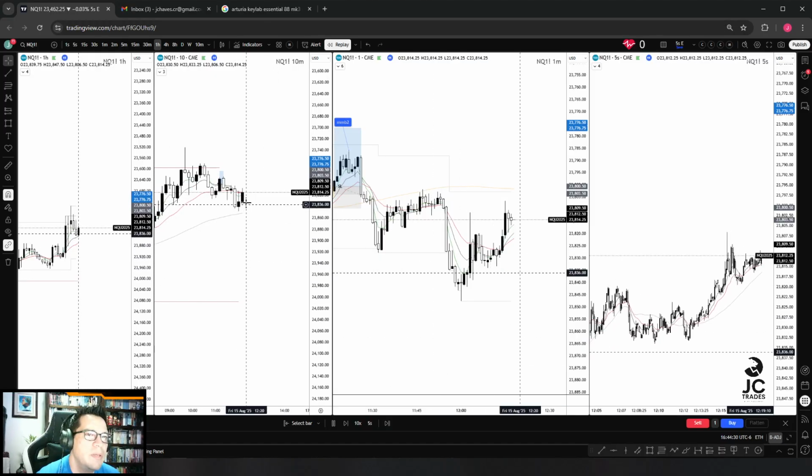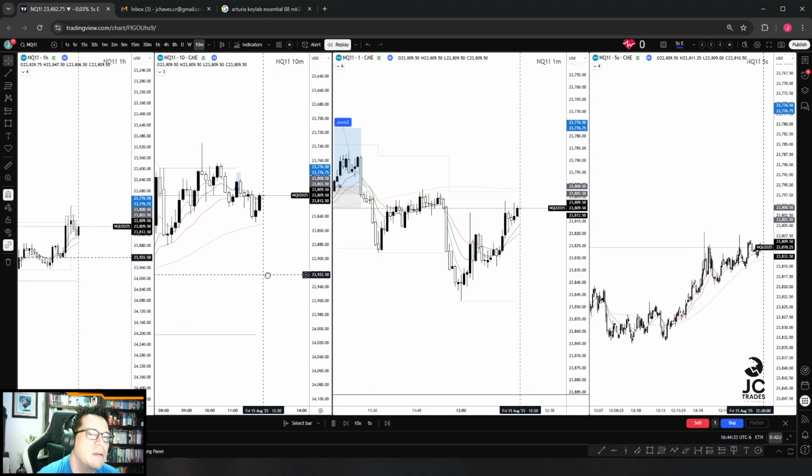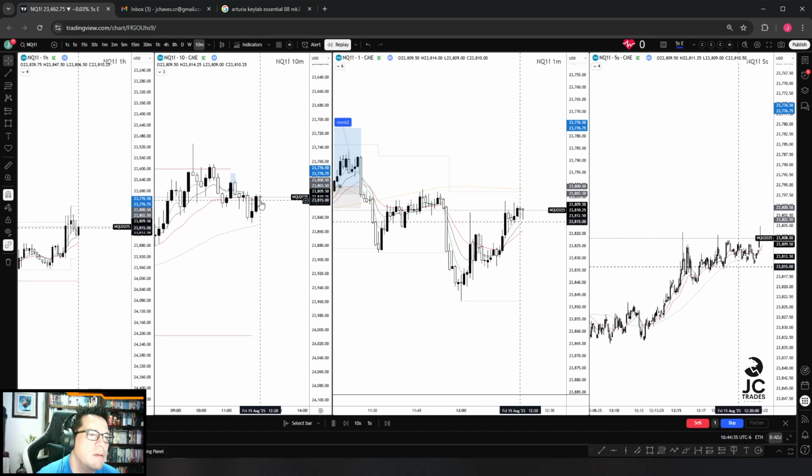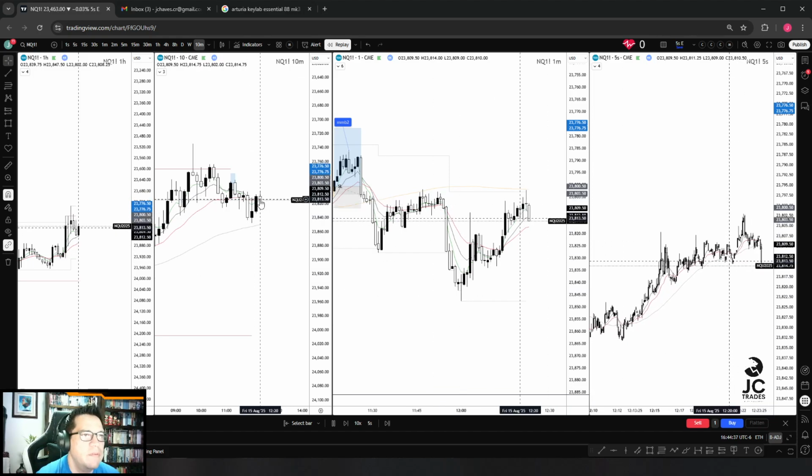So at this moment we are seeing price coming back to the EMAs on the C time frame.